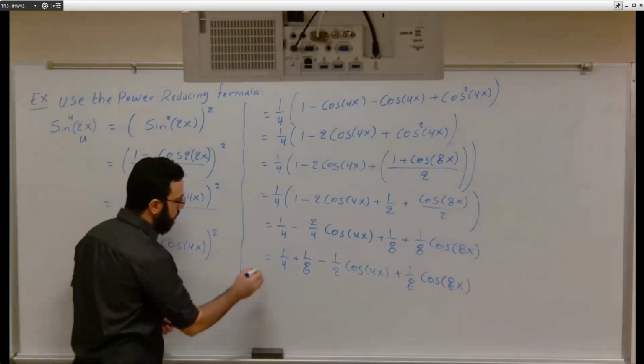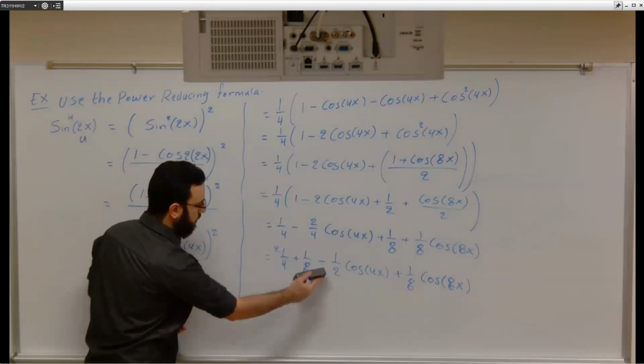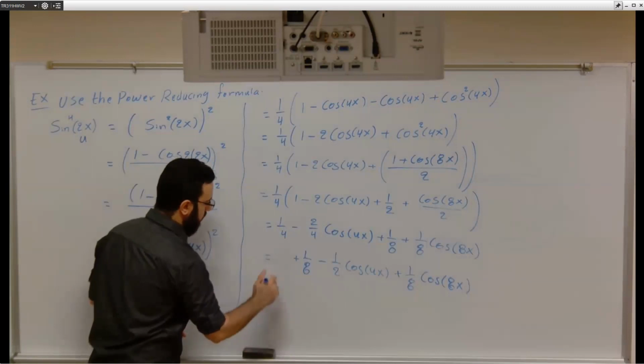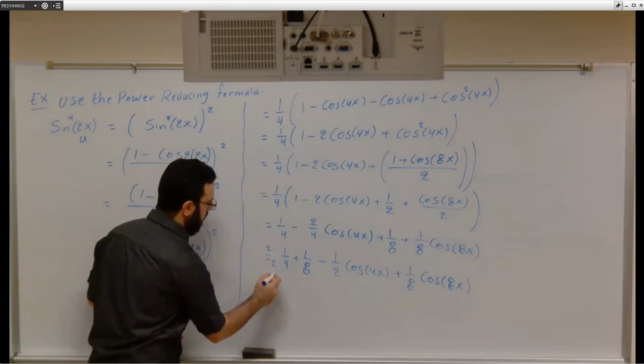You multiply this one by 2. Be careful, here's minus. Multiply this one by 2. Multiply this one by 2.